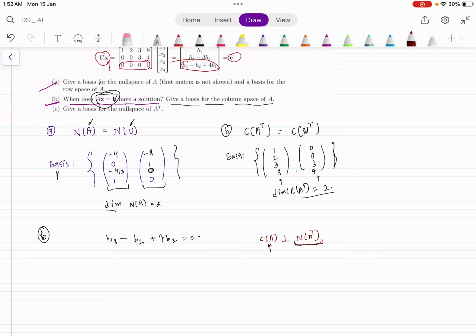Okay, so I think we can, because in part C we have been asked about the null space of A transpose, and the null space of A transpose is the same as the left null space, right?